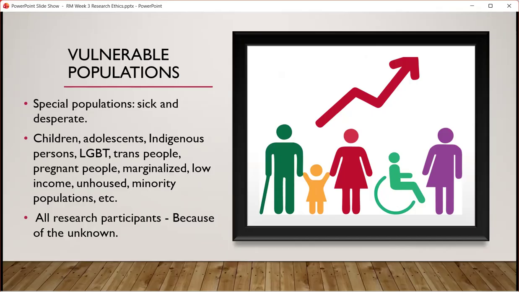Children, adolescents, indigenous people, LGBT, trans, pregnant, marginalized, low income, unhoused, minority, etc., etc. All of these people can be seen as vulnerable populations. And all research participants can be held as vulnerable because of the unknown. We don't know. There may be some hidden risks that we didn't know.